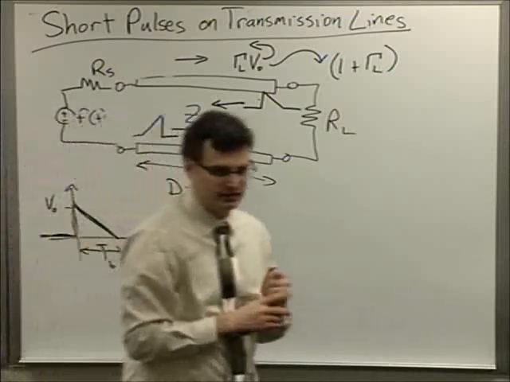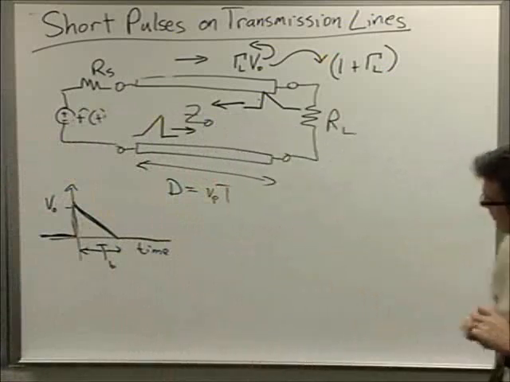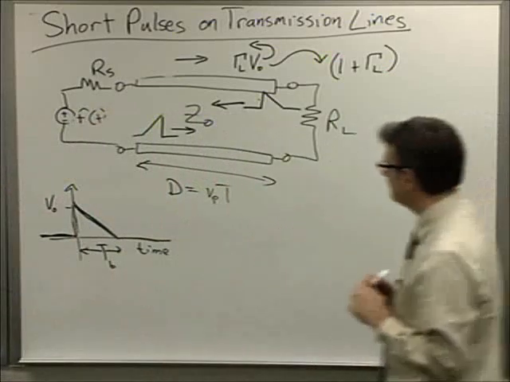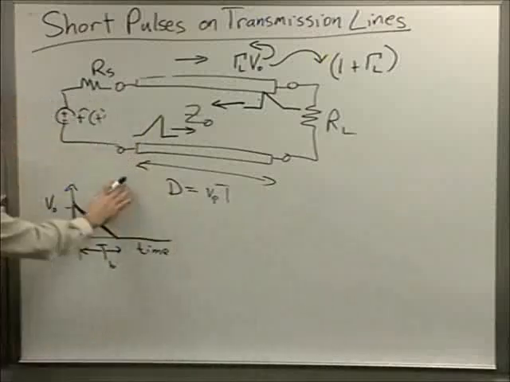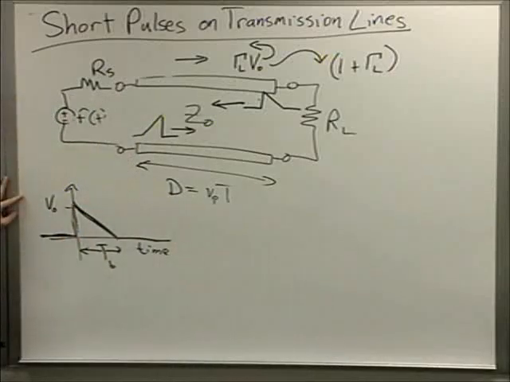Yeah? Do you have to worry about, like, if the transmission time of the line is big T, and then do you have to worry about big T plus a little bit, basically half of the triangle wave being reflected and the other half? Oh, yeah.